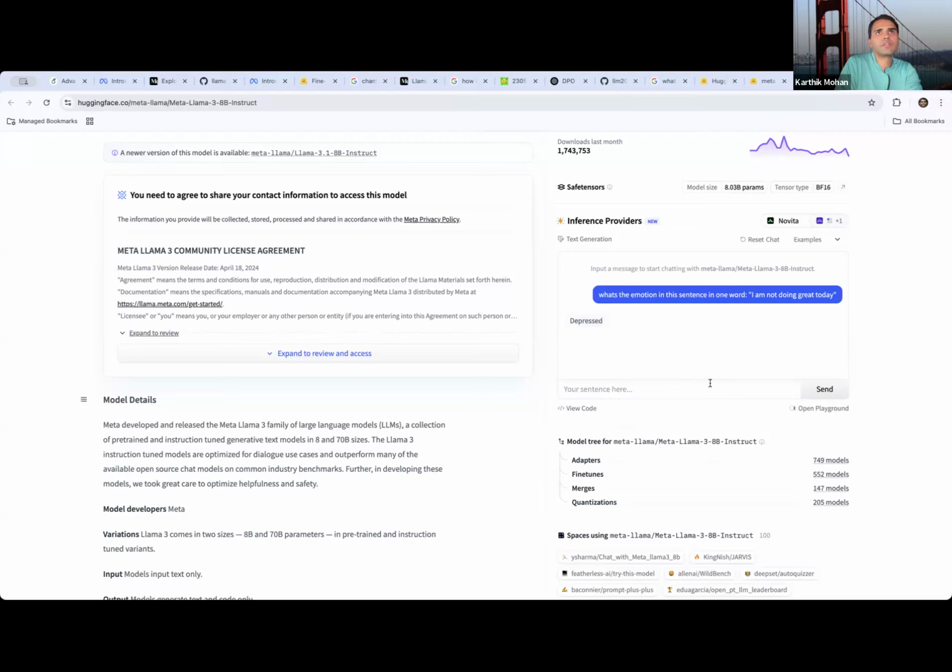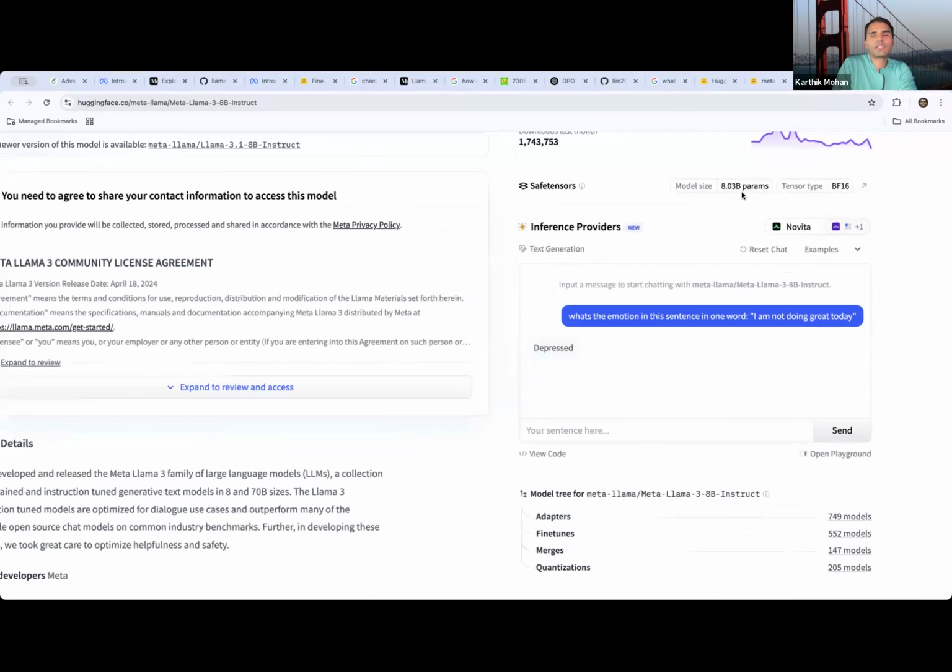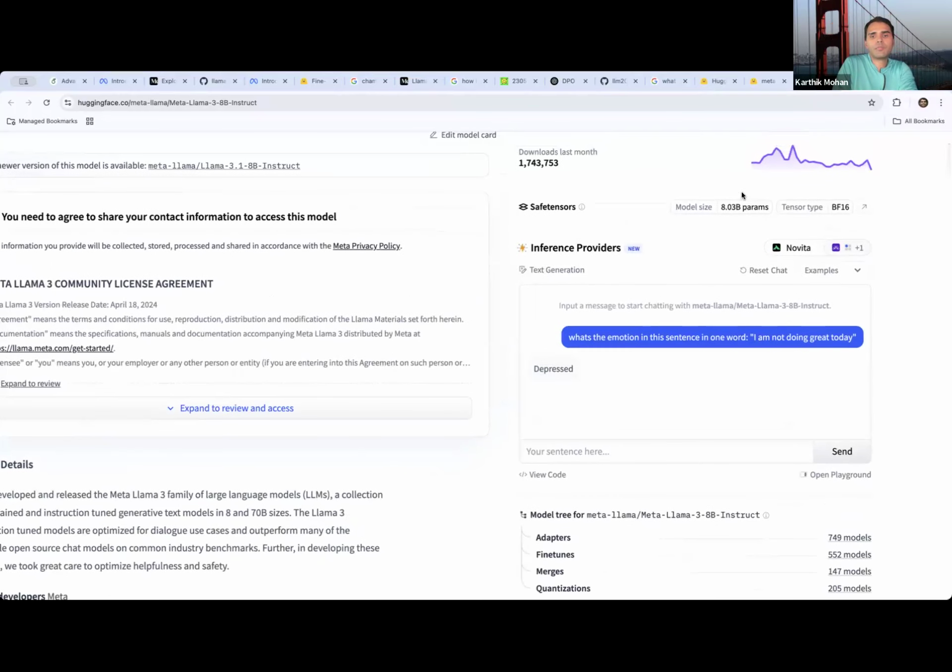So this actually went to the inference provider, Novita, and then it returned the response. It hit that server, and then they have their GPU set up. For 8 billion, like we discussed, you probably don't need more than a single GPU to keep parameters in memory. So it hit their inference endpoint, which had the GPU ready to take in this question, and then you got the response in less than a second.